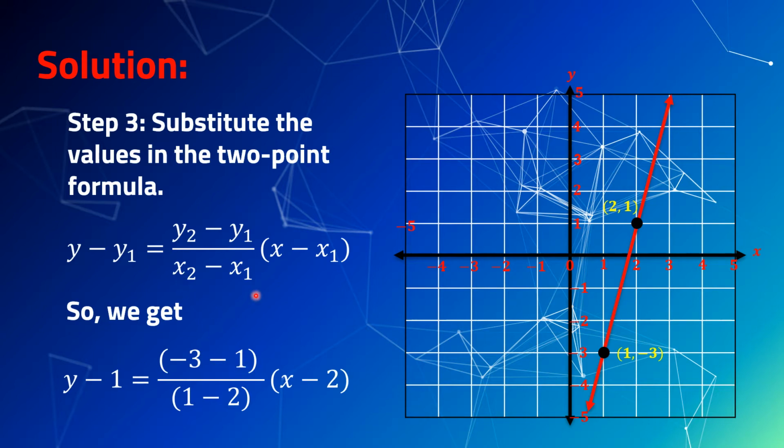X sub 2 is 1, and x sub 1 is 2, so we have 1 minus 2, multiplied by the quantity x minus x sub 1, where x sub 1 is replaced by 2. This is the equation that we're going to simplify.